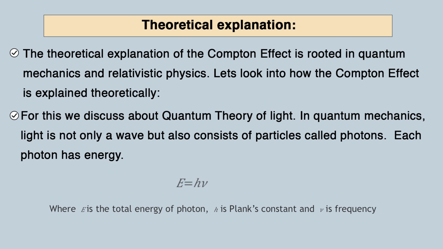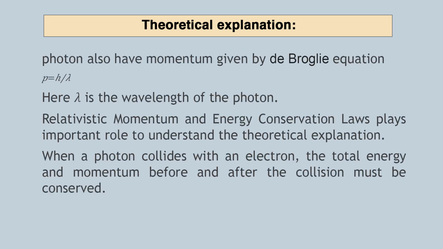Each photon has energy E equals h nu, where E is the total energy of the photon, h is Planck's constant, and nu is the frequency. Photons also have momentum given by the de Broglie equation, that is p equals h over lambda, where lambda is the wavelength of the photon.